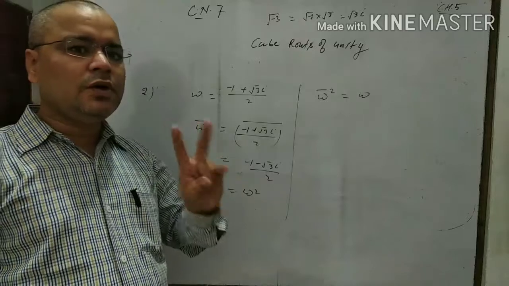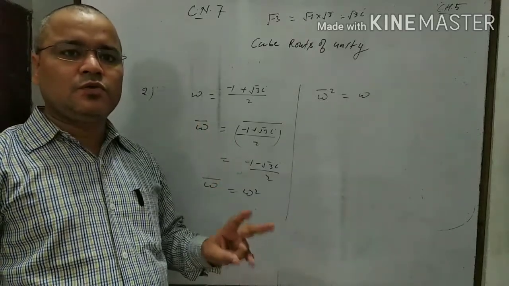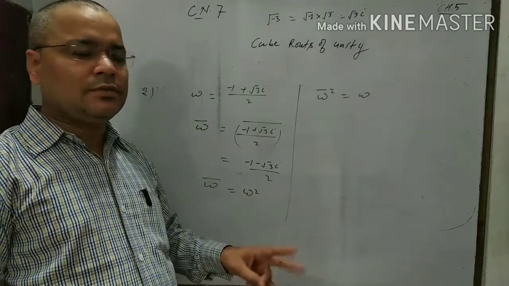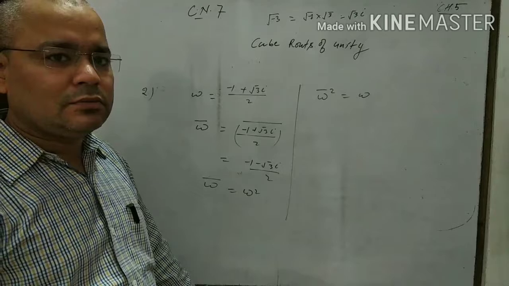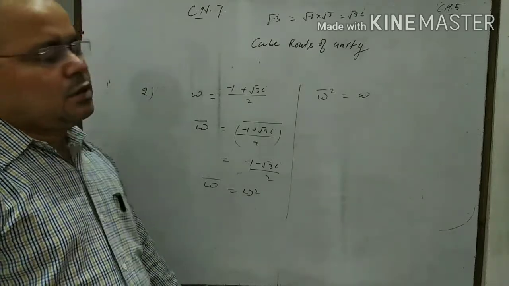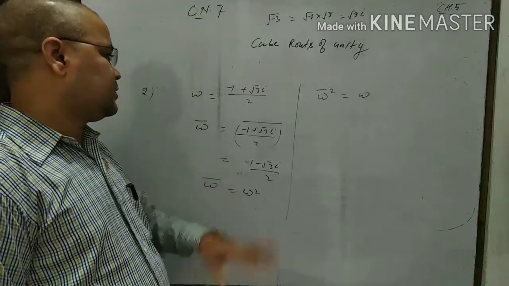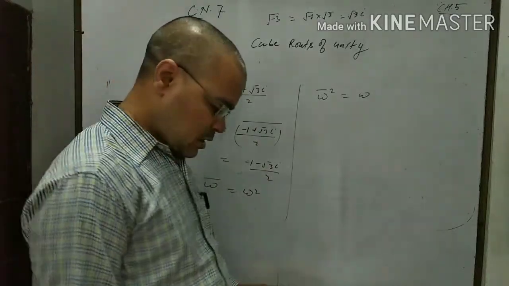There are two non-real complex numbers which are roots of unity, cube roots of unity, in which the first one is 1, the second one is this, and the third one is this.